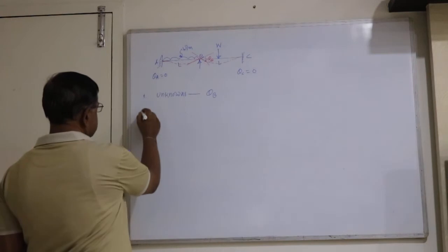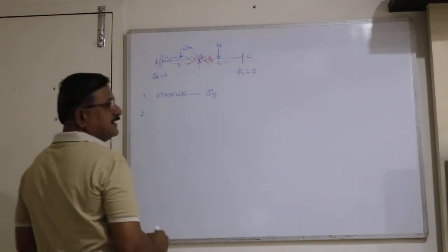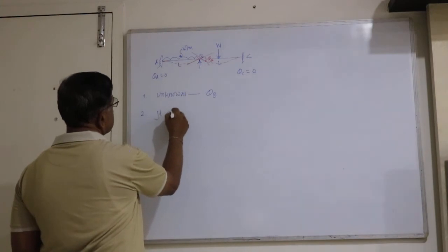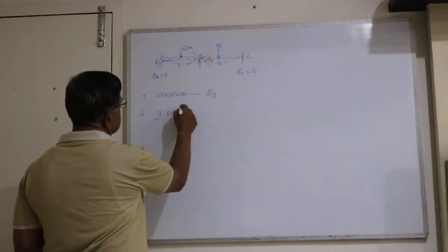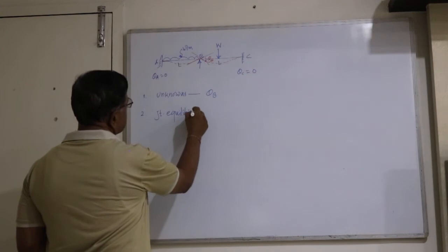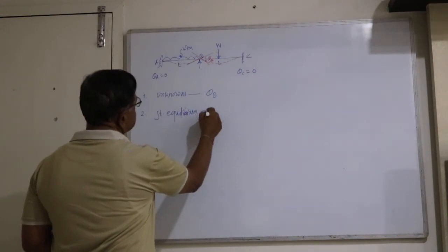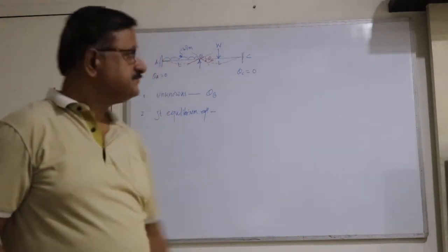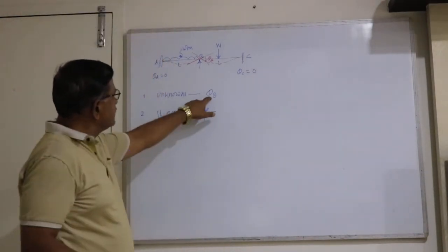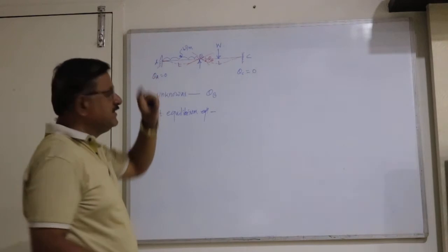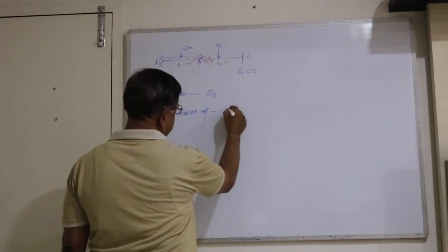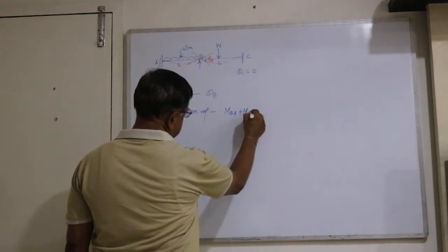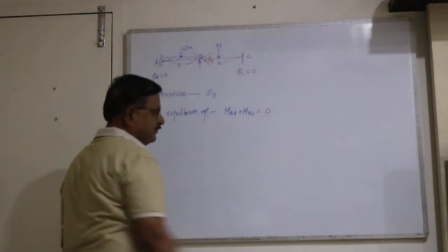Now the second step, let's identify the joint equilibrium equation. B is unknown, so at joint B only we have to write down the equation, and that you know very well. MBA plus MBC equal to 0.